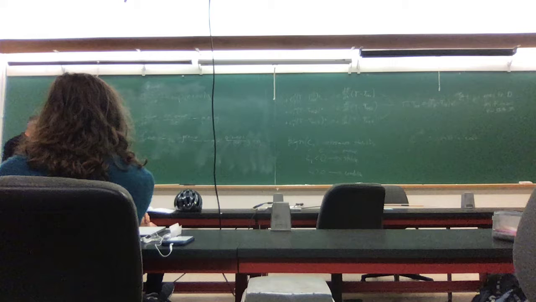So if n squared is constant, which it doesn't have to be, but we decided to make our lives easy and say that it was, what kind of differential equation is this? Homogeneous? Constant coefficient. Linear. Second order.